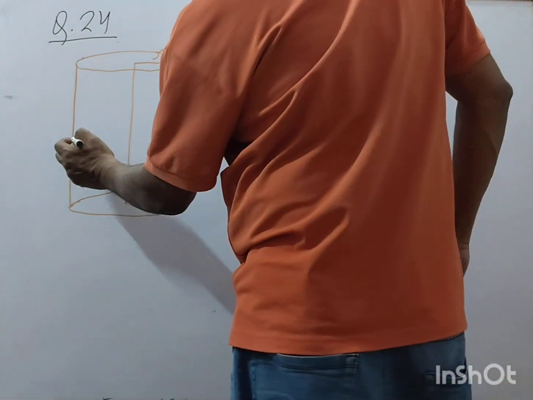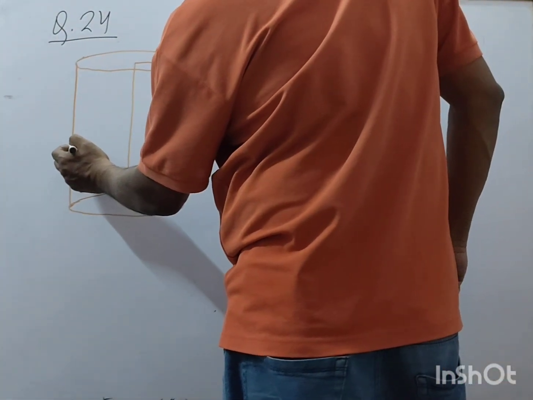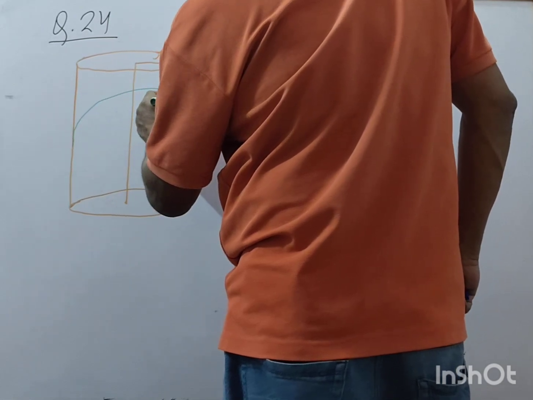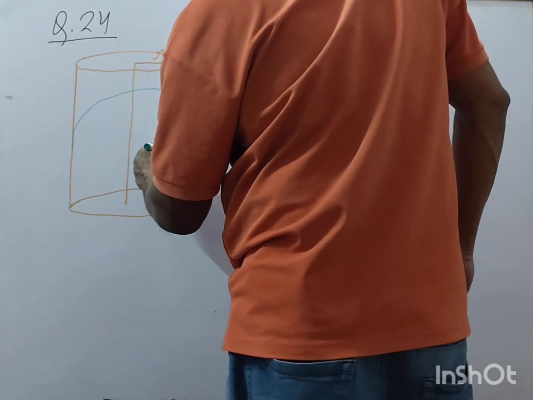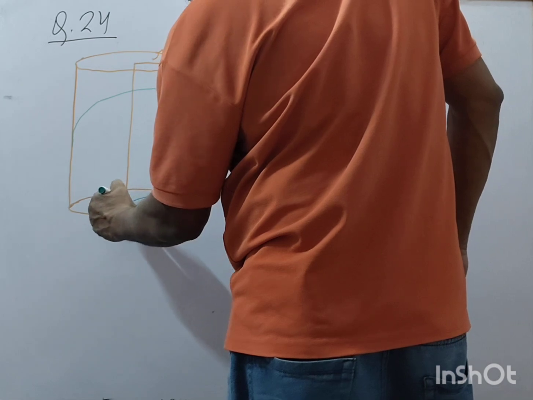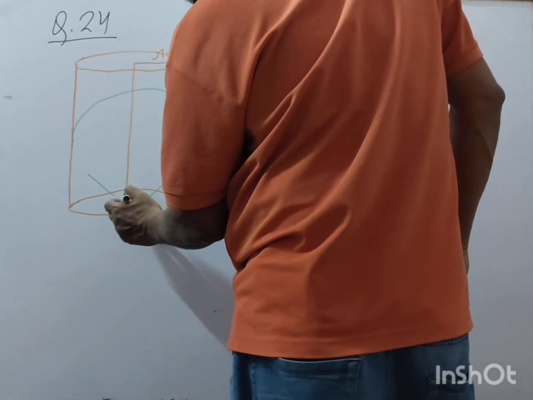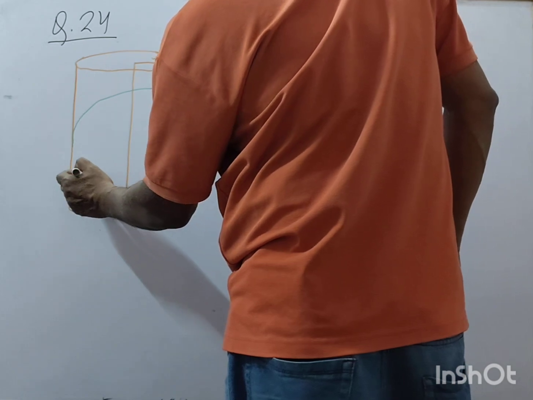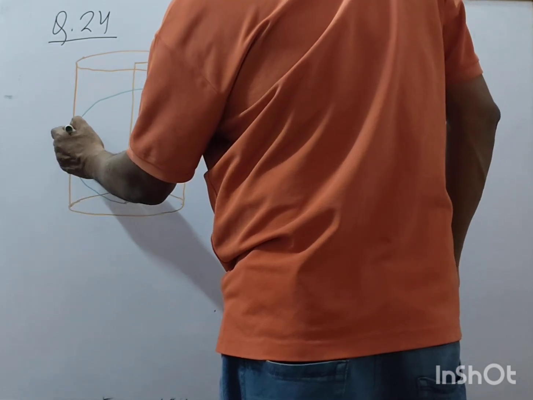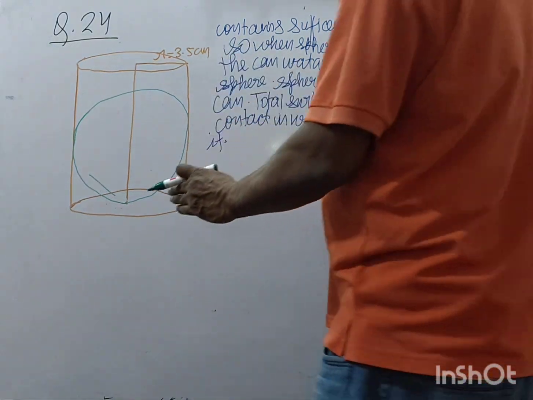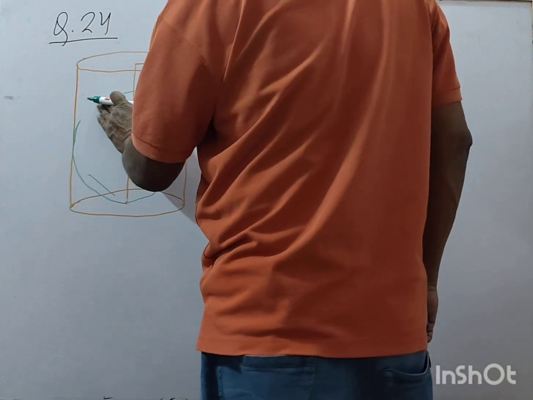So you have a sphere like this. Right? The sphere just fits in the cylinder, no?